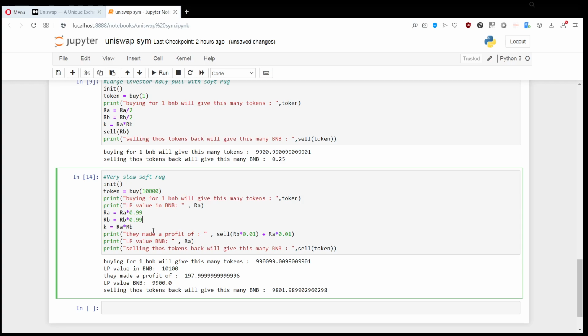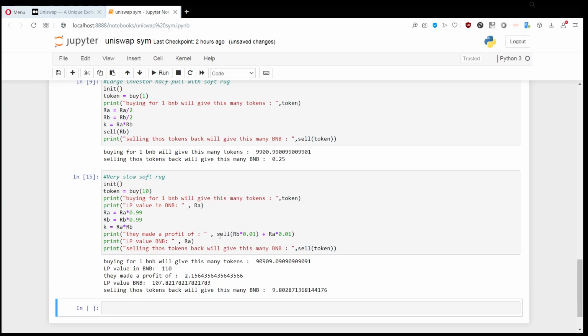But sometimes they tamper with it in a very sneaky way, which is unnoticeable. If this one has a 10% tax, then you will not notice that instead of the 10 BNB you put in, you only receive back 9.8, because it's only 2% of the trade. But nonetheless, this is taking away value from the token owners.